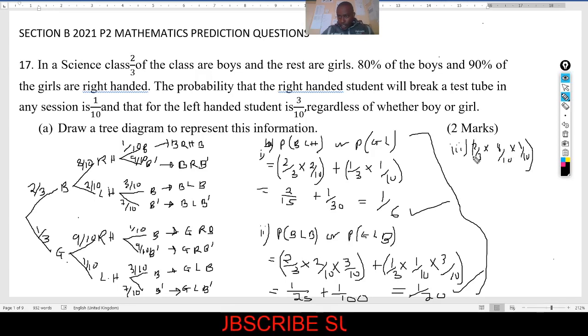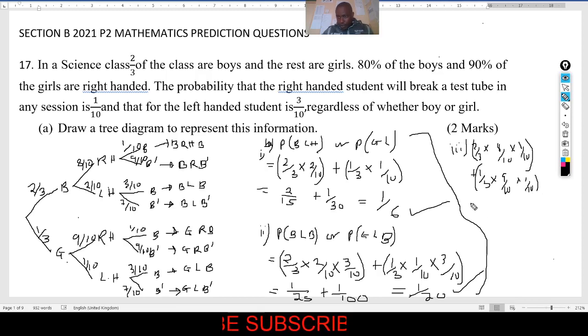Whatever you get, you add the probability of the girl now right-handed, that's a third, times right-handed is 9/10, times 1/10 breaking.